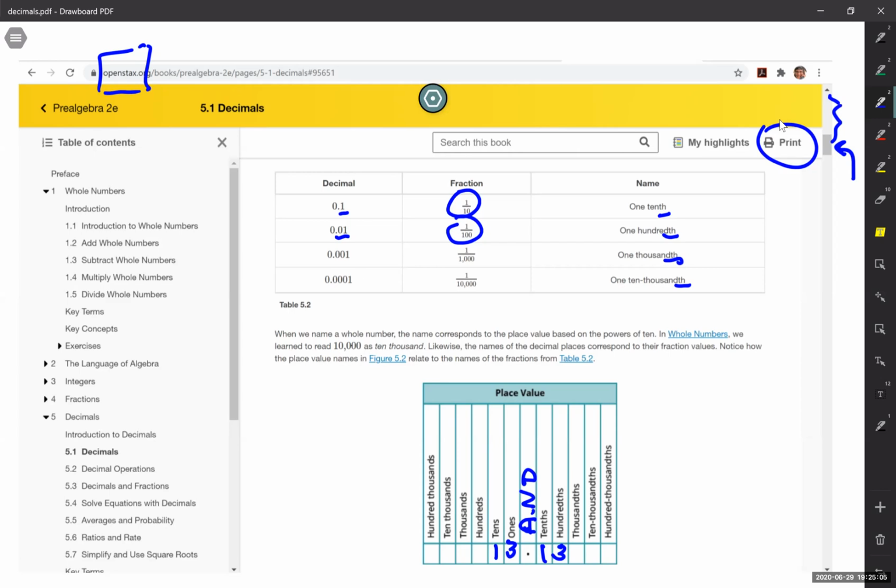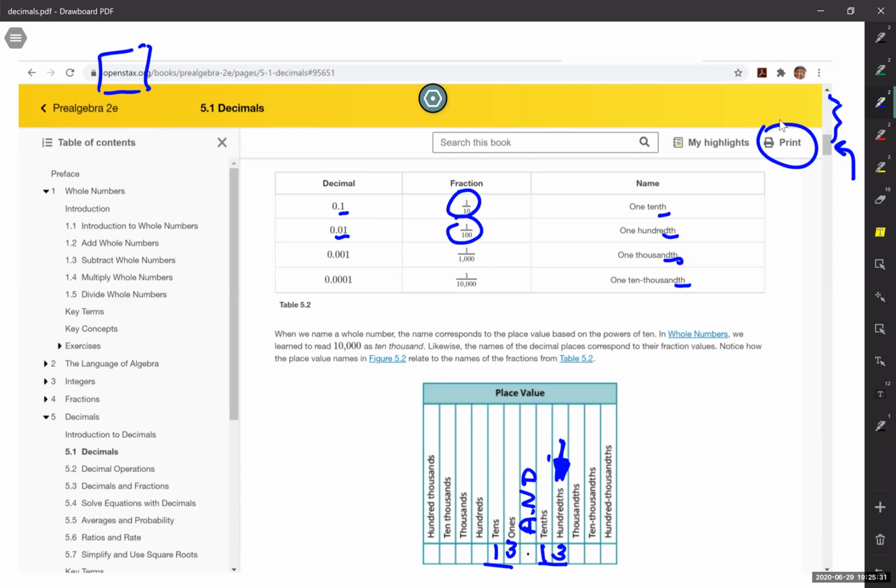Definitely that first part is 13. And then we say 'and', and then you read where this number ends. This number ends in that place right there. So to read this, I would say 13 and 13/100ths, because after the decimal I have the number 13 and it ends in the hundredths place.